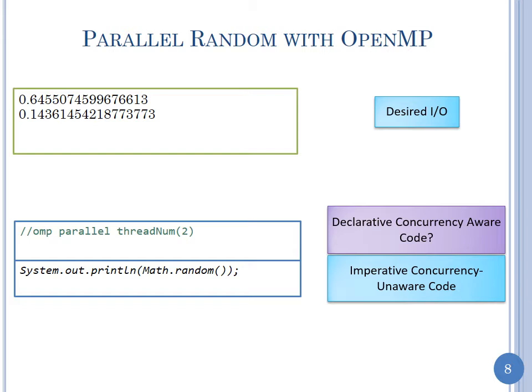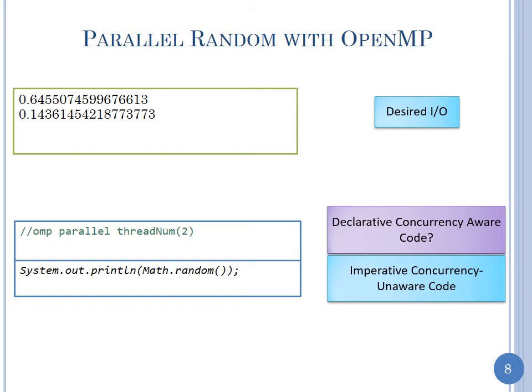Okay, OMP. This is an OMP directive. This is an OMP comment. So you want to distinguish this comment from other comments. So we are piggybacking on top of comments, and we are saying do it in parallel first, and then not only do I want you to do it in parallel, but I want you to use the following number of threads, and we are saying number of threads is 2.